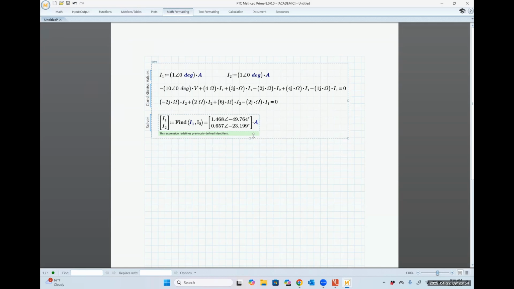And then down here outside of my solve block, I'm now going to do Ix, Iy, and Vz.